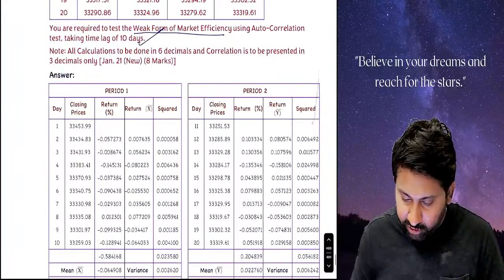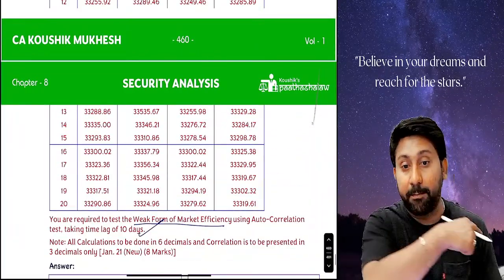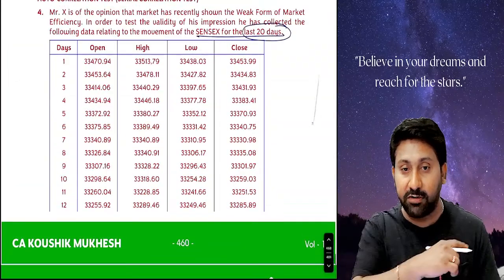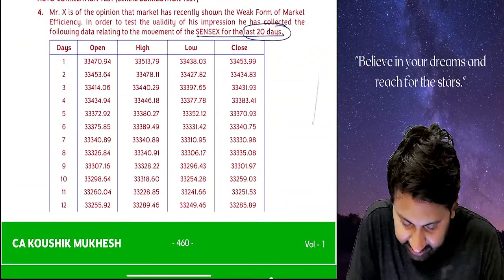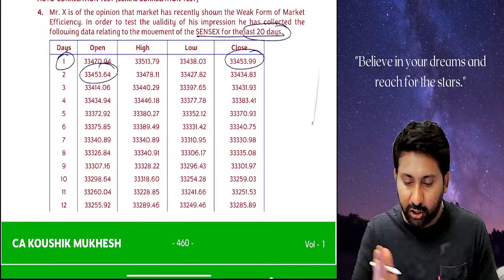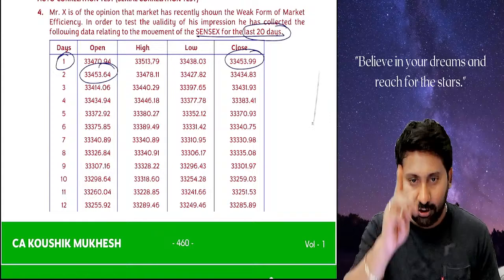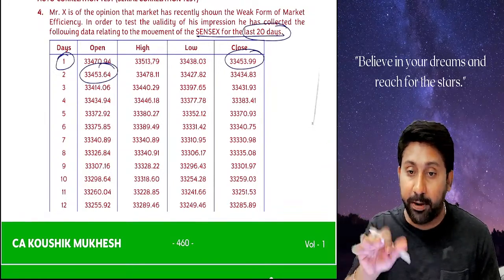The previous day's closing becomes the next day's opening. So day 1 closing is day 2's opening. High and low are irrelevant; opening and closing are relevant.